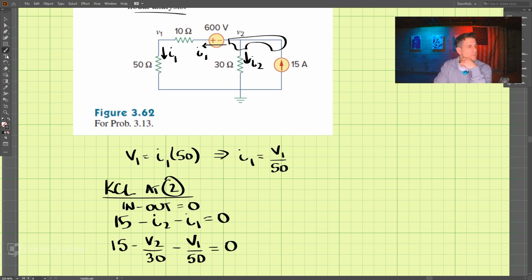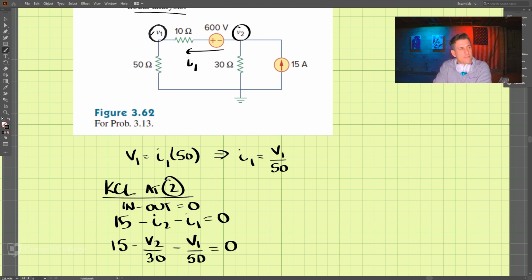Well, let me erase some of this. So let's take a look. We have I1 going this way, so there's a relationship between V2 and V1 here.